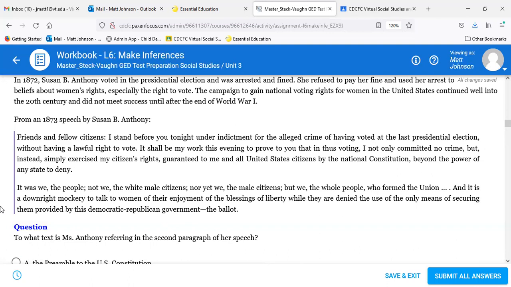Yeah, so she's really making a case here. Are we not equal citizens? If that's the case, then we need equal rights. We need the right to vote. We need to share every right that every white male citizen has.